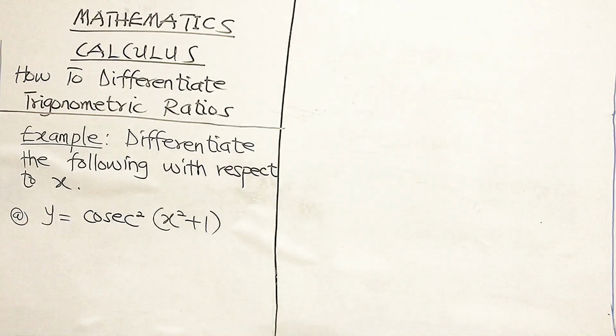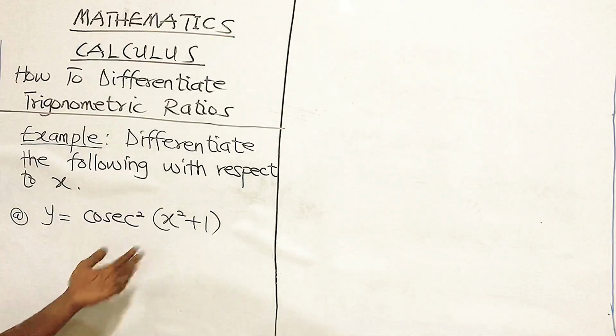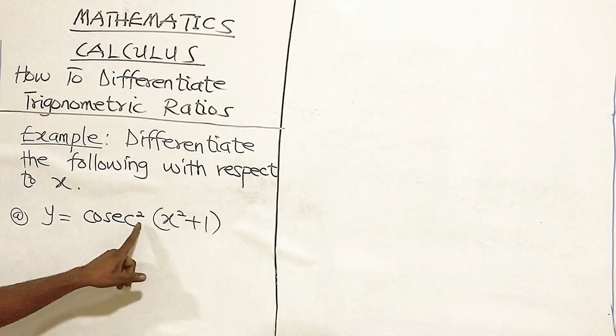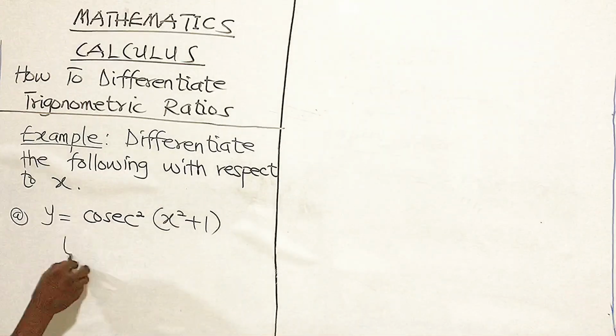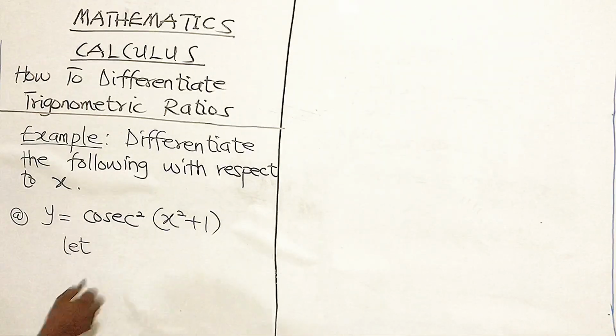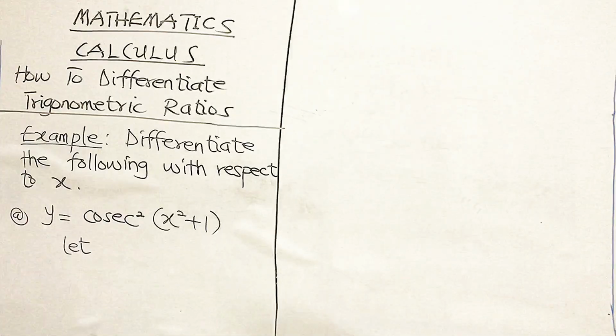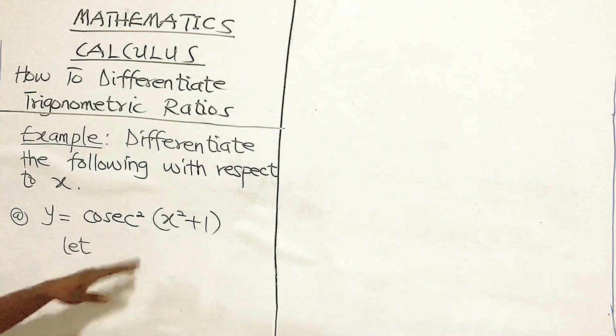In my previous video, we learned that anytime any trigonometric ratio has an exponent, then we must make substitution. So let any variable of our choice represent the cosec.